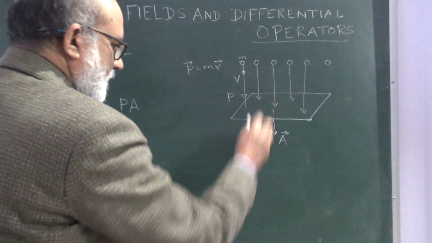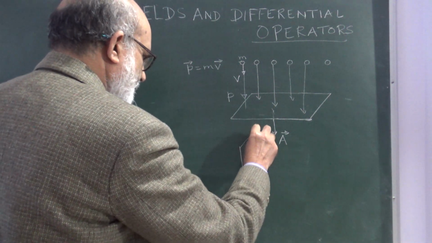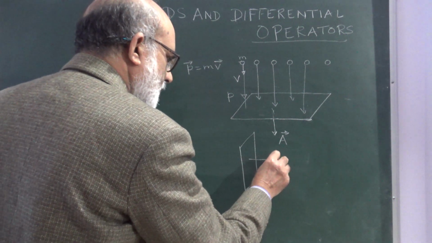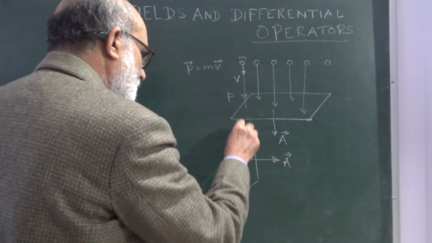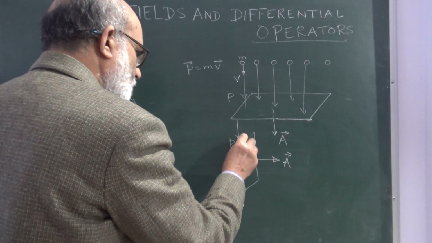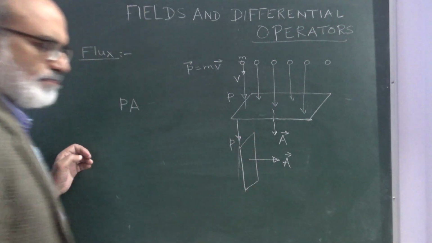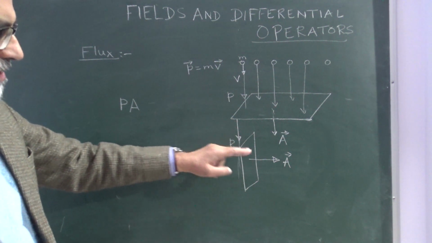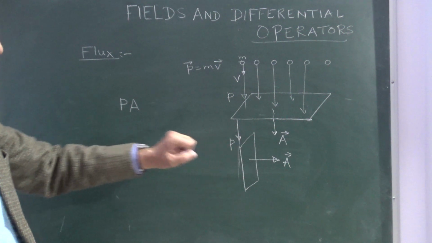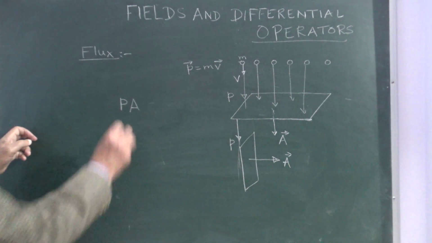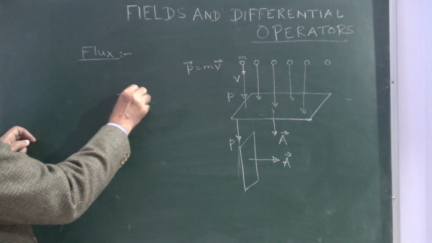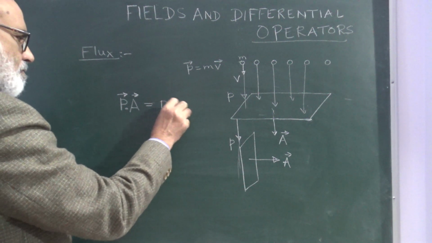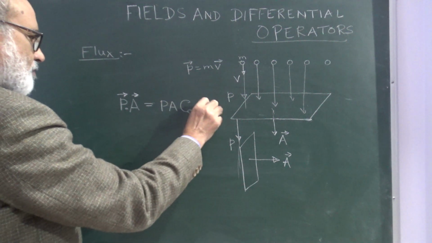Now if you put the plate like this, the area is in this direction and the momentum is along another, so there is no flux of momentum through this area. We can say that this momentum vector and area vector make a kind of dot product. So we say P dot A, which is PA cos theta.